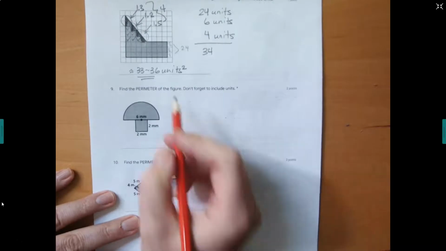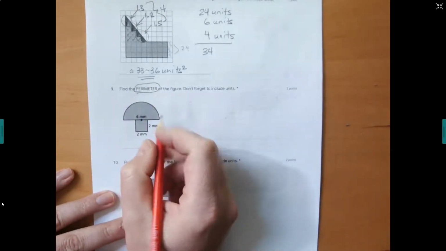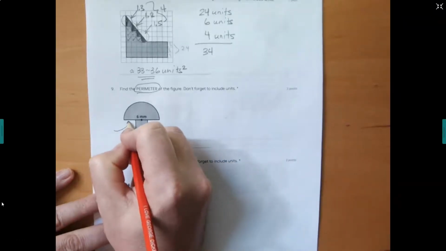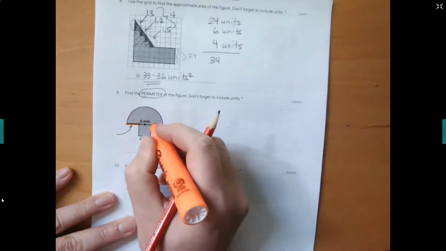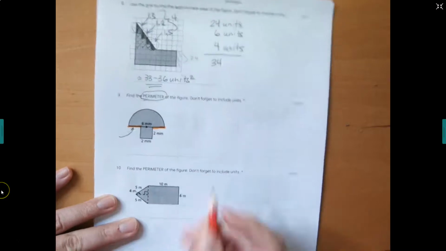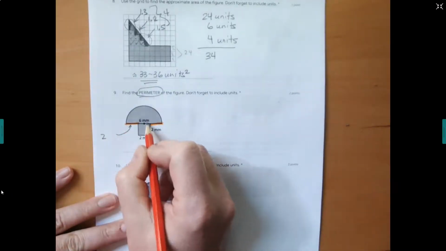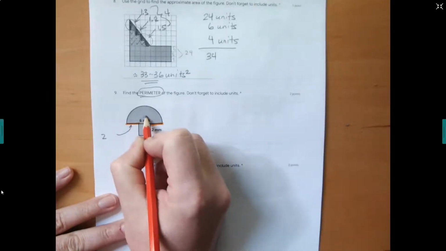Alright, so now we're finding the perimeter. Alright, so we have 2 things. Right? Now, I'm going to say a lot of people forgot to add in this piece right there and that piece right there because it's not labeled, right? But that's also 2 millimeters, right? Because this is 6, right? And if this is 2, right?